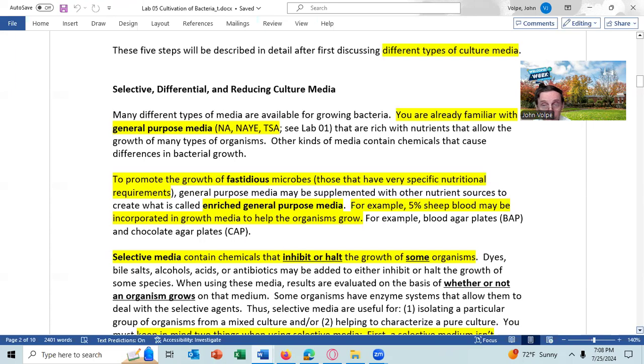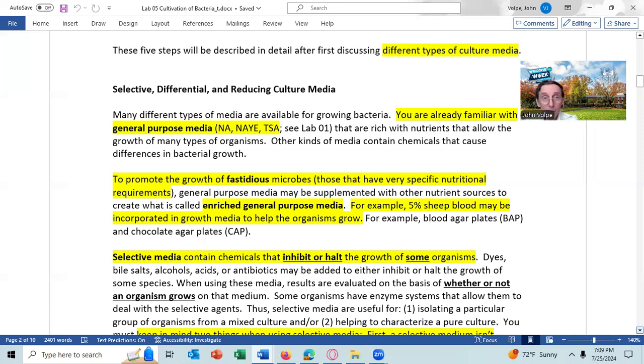And blood agar plate, also called BAP, is an enriched general purpose media for getting many microbes to grow that would not grow on like TSA, for example. And all blood agar is TSA with 5% blood cells added to it. And then chocolate agar is another enriched general purpose media. Any question about that?